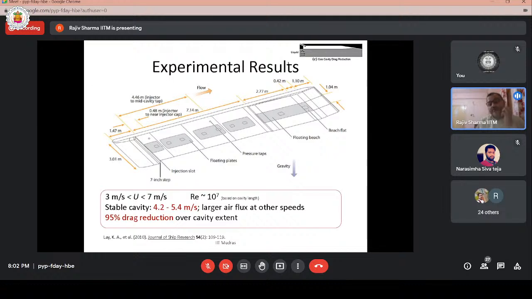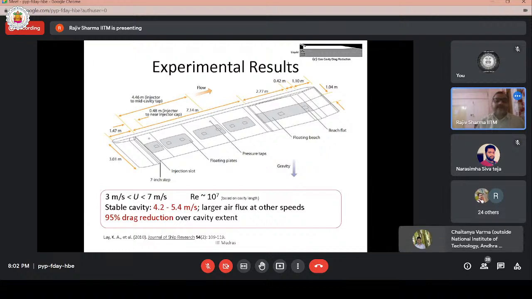You have the injection slots, the floating plates, the pressure traps, and the floating beach, that is basically the arrestor side, a few meters by a few meters, velocity 3 meter per second to 7 meter per second. Reynolds number based upon the cavity length is 10 to the power 7. Stable cavities only between 4.2 to 5.4 meter per second. Larger air flux is disturbing the formation of the cavity.